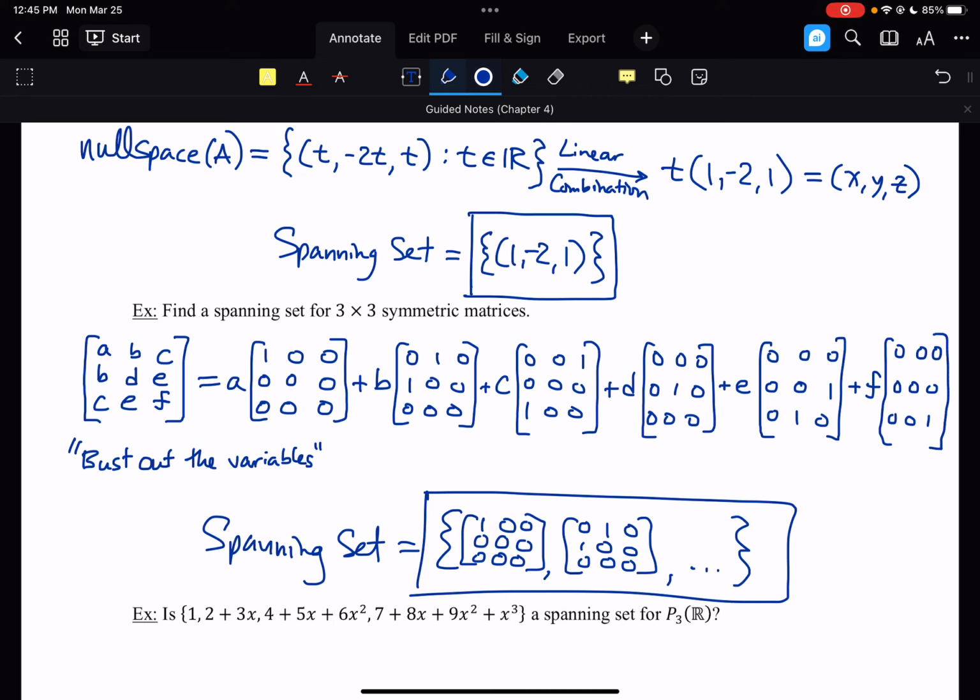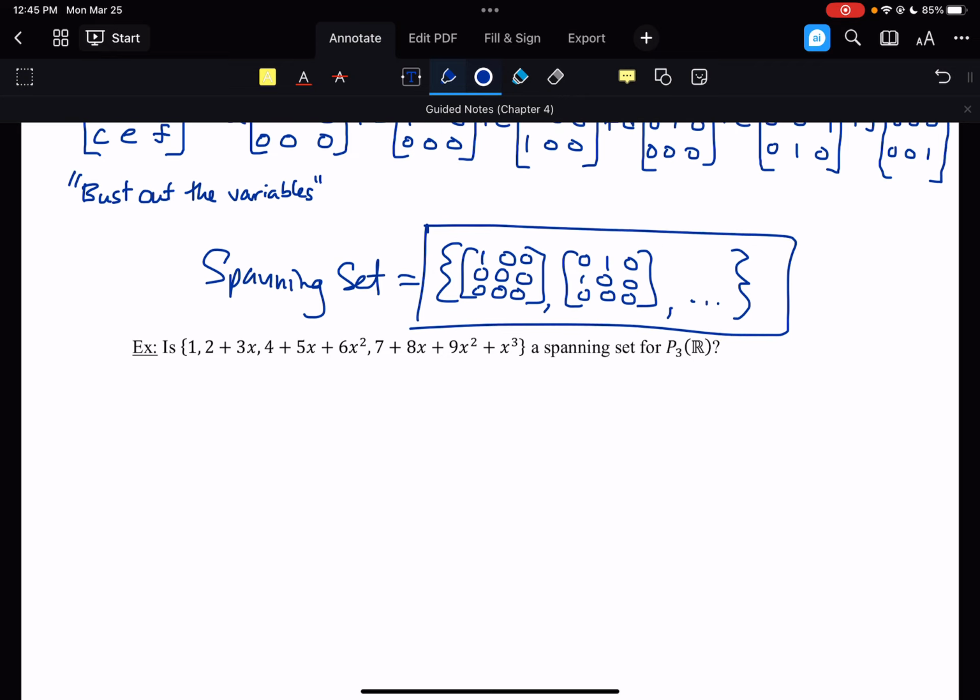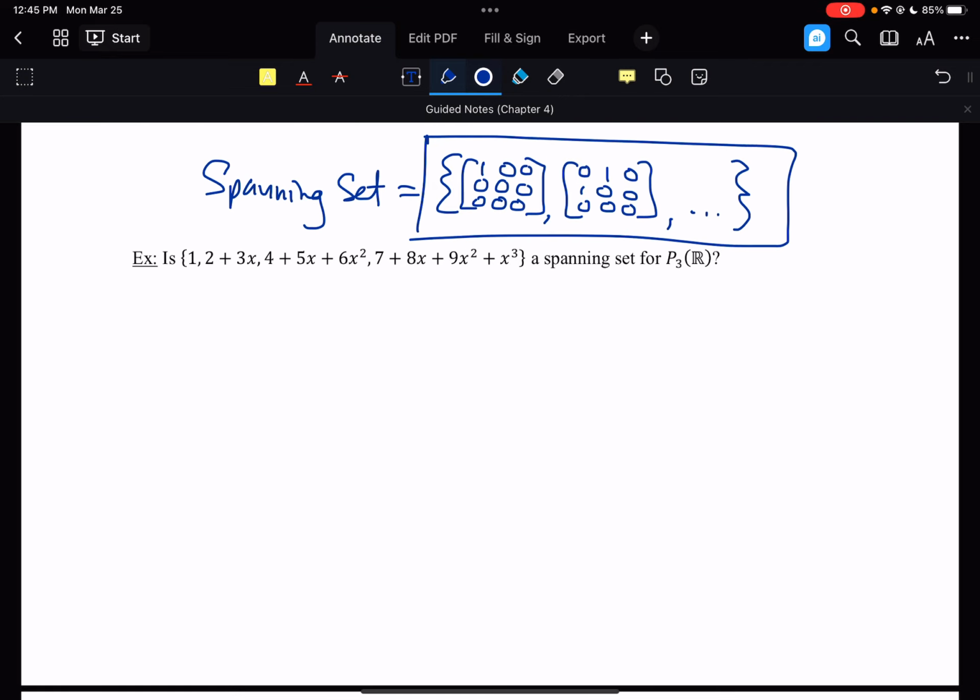All right. Then taking a look at this next example down here, is this set of vectors a spanning set for P3 of R? To make this determination, we would create a linear combination of all of these and see if we can use that linear combination to create any polynomial of degree 3 or less. So we get C1 plus C2 times 2 plus 3x.